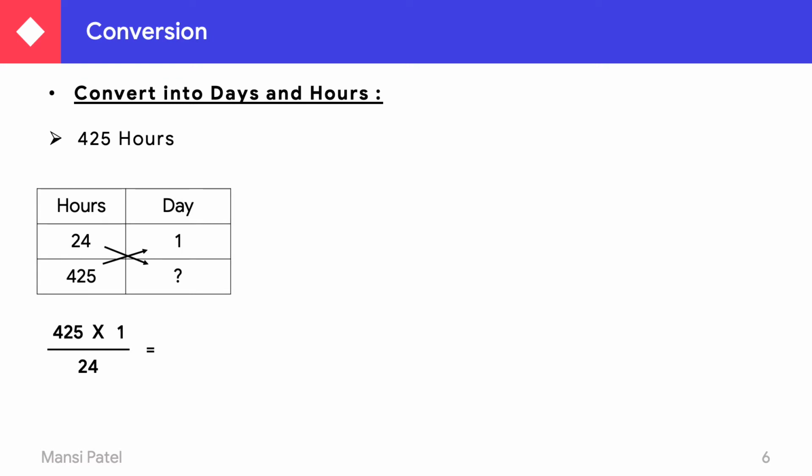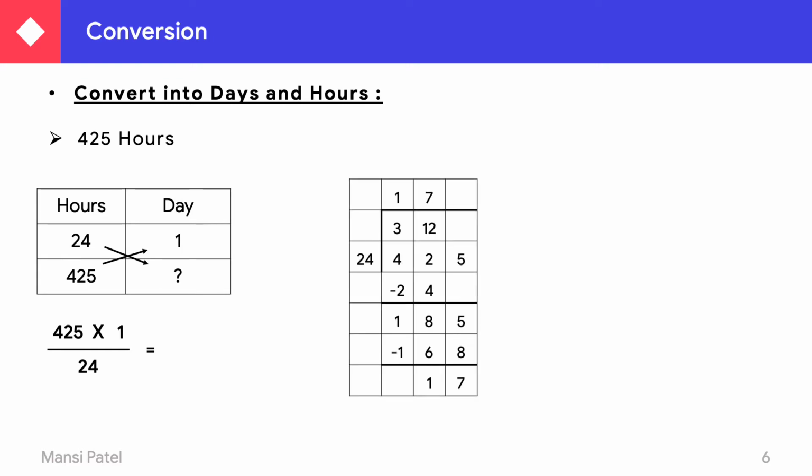Now just do the division of 425 divided by 24. When we divide these both numbers, you get the quotient 17 as well as the remainder 17. So this quotient is known as your days and your remainder is known as hours.